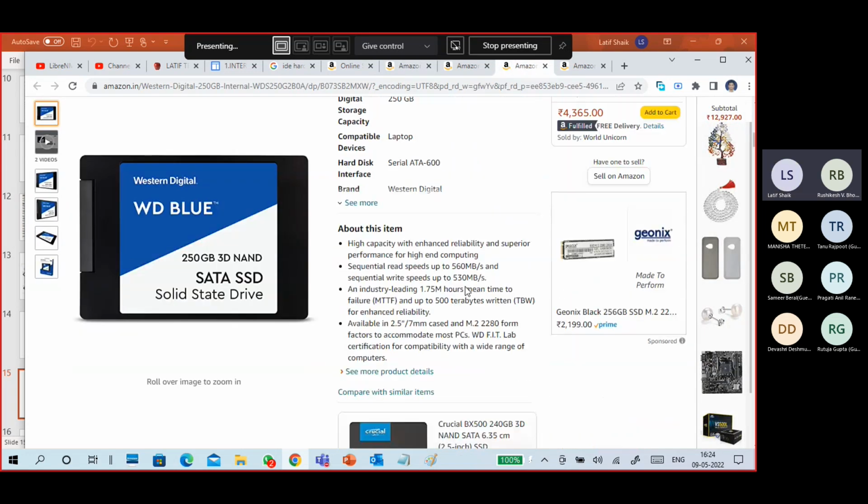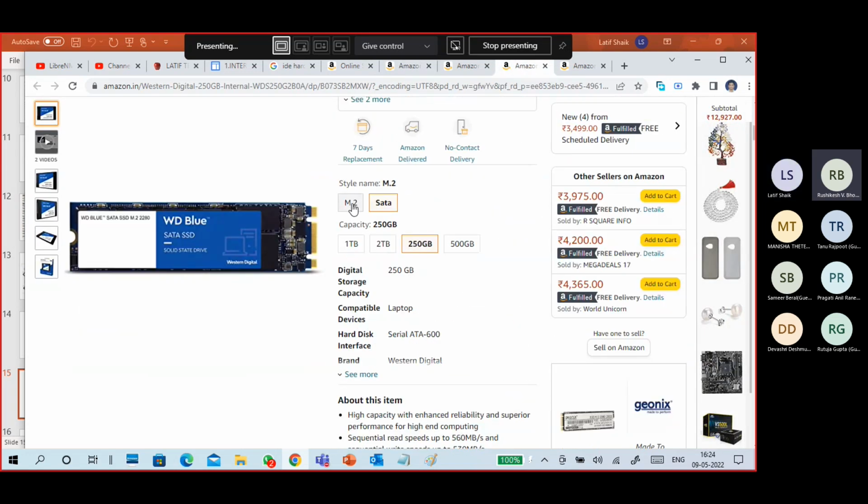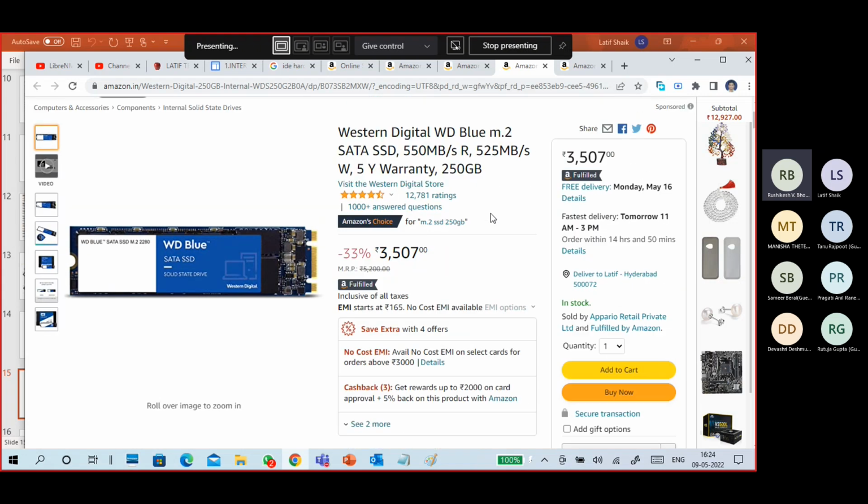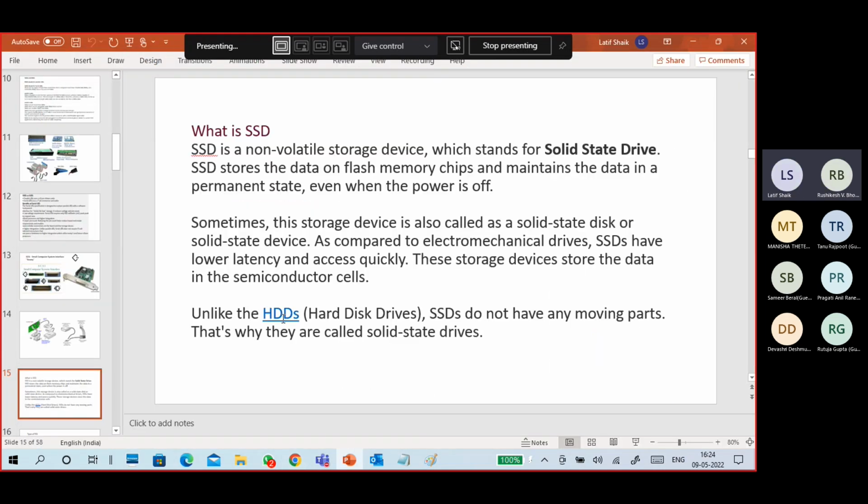It must be cheaper. It is not changing, M.2 also, but whatever it is, guys.